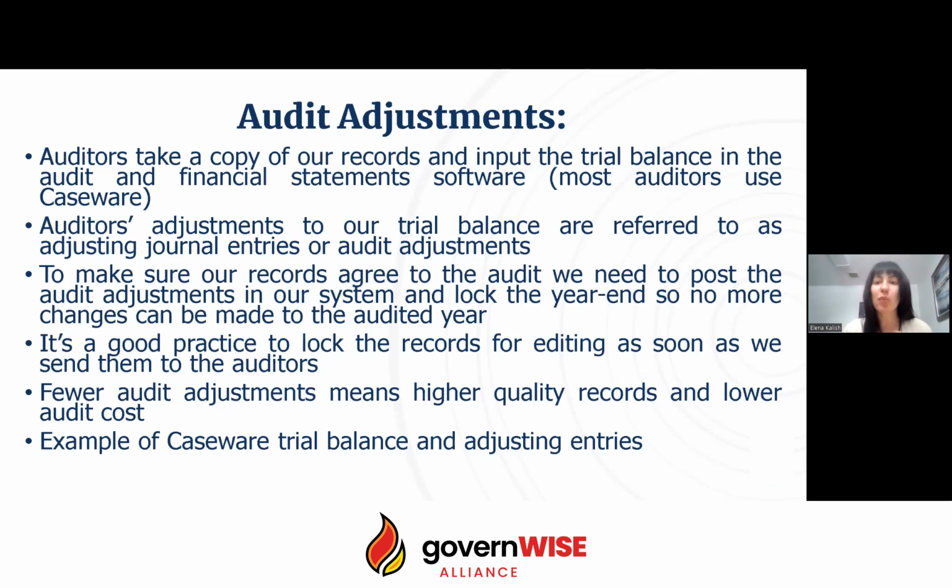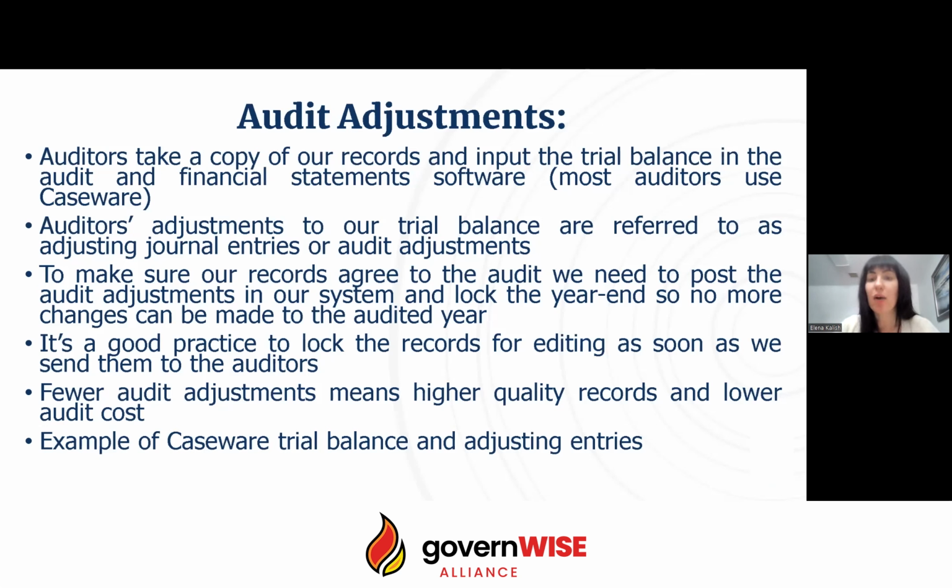So again, when you're preparing for the current year end, take the time to review audit adjustments from last year and see if there is anything we can do internally so the auditors don't have to make the same adjustments again.